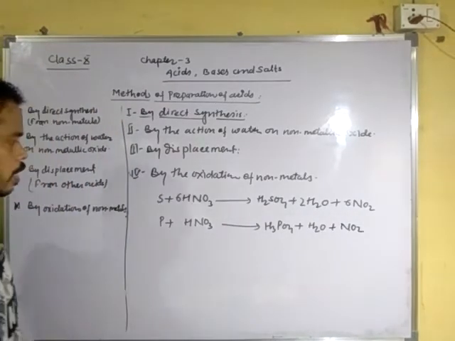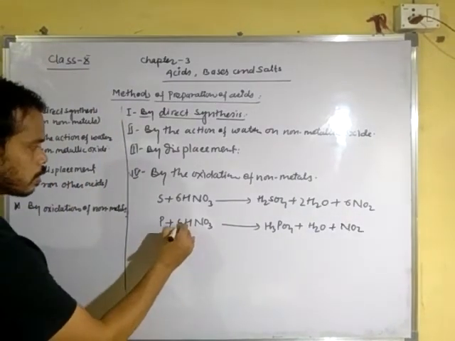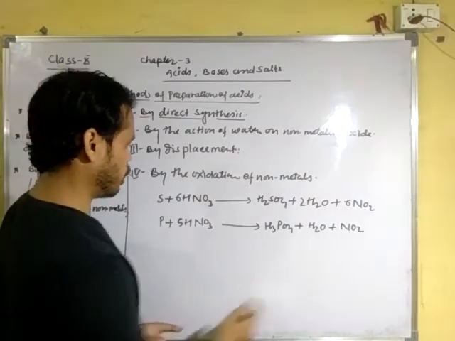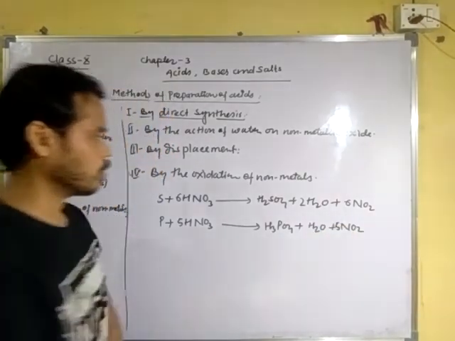Now balance this reaction by multiplying nitric acid by 5 and 5 and 2.